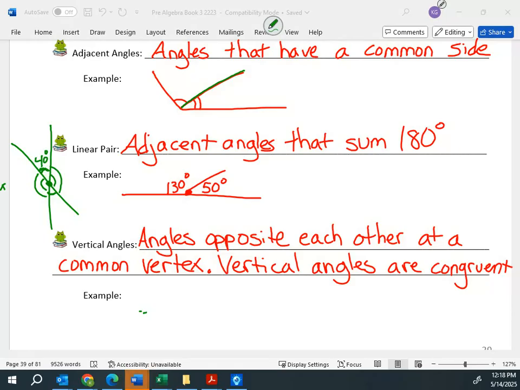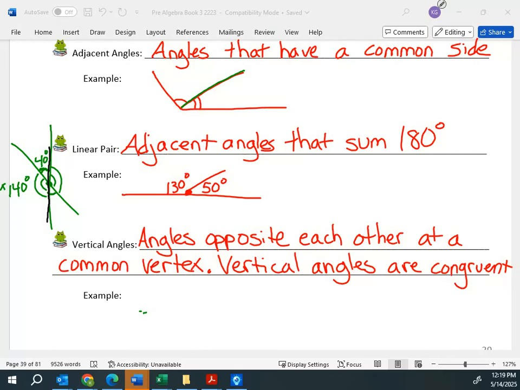Claire? 140. Why does it have to be 140 degrees, Claire? Because together, they make that straight line, right? So if this is 40 degrees, this has to be 140 because they make a straight line. They are supplementary and they're adjacent. They have to be 180 degrees added up.